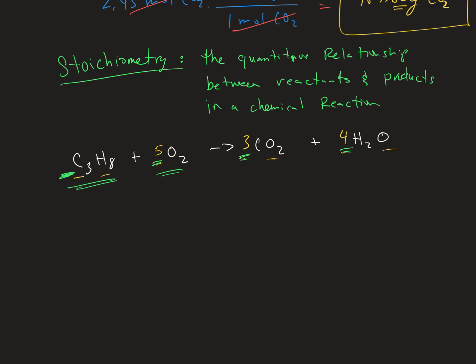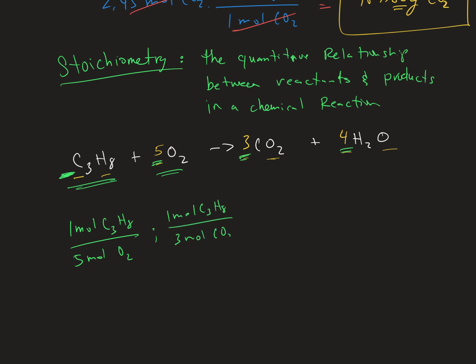So here's our conversion factors. 1 mole of C3H8 for every 5 moles of oxygen. That's one conversion factor. And we can flip it, right? Depending on what we're starting with and what we're going to. 1 mole of C3H8 to every 3 moles of carbon dioxide.